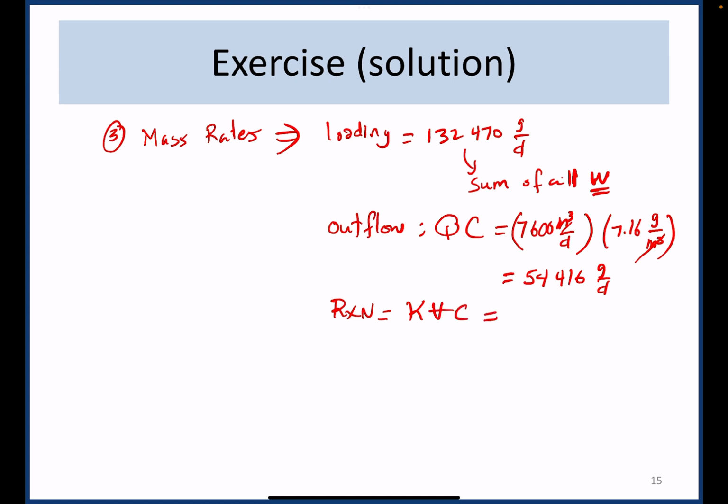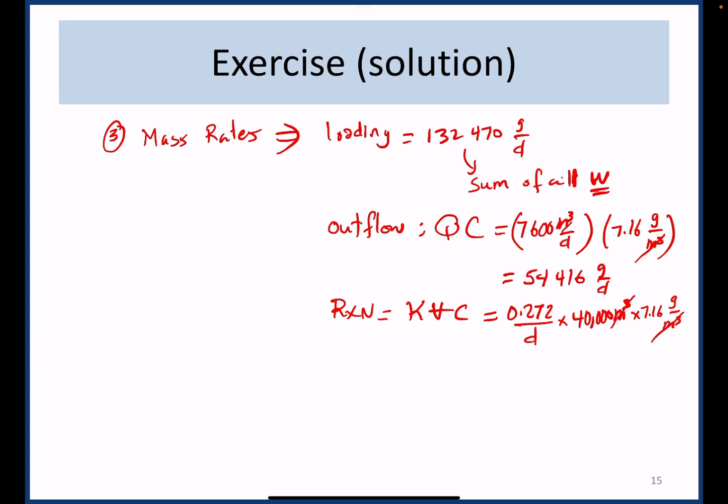And then you'll have the reaction rate, and that is rate K, V times C, and this is first order. Now, we found the K initially, 0.272 per day, and we have the volume. The volume is given, 40,000 meter cube, and we have the concentration, which is 7.16 gram per meter cube.